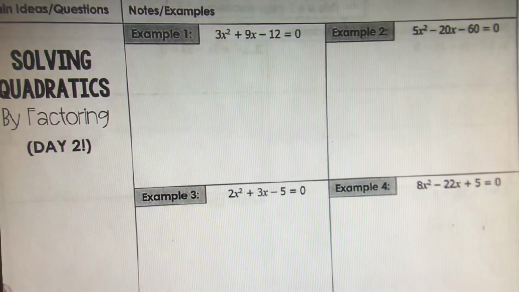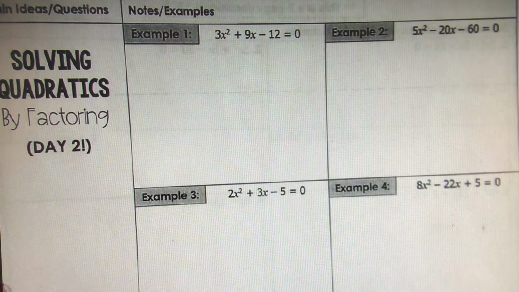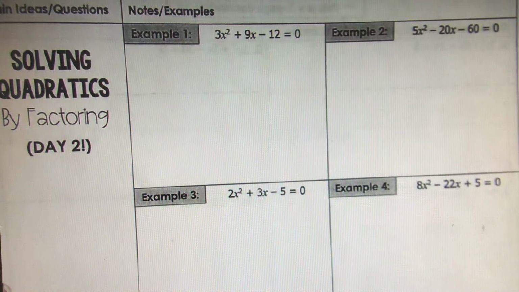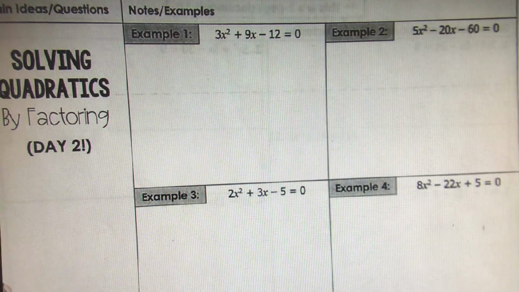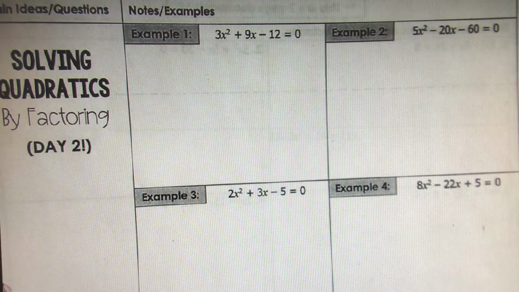So if I start to wrap my head around example 1, is there a common factor? I think that I see that 3 goes into all of those numbers. If I look at example 2, let's see, does 5? 5 may go into all of those. Maybe 3. Oh, does 2 go into 3 and 5? No. So I don't know, maybe I can't factor by finding the greatest common factor for example 3.